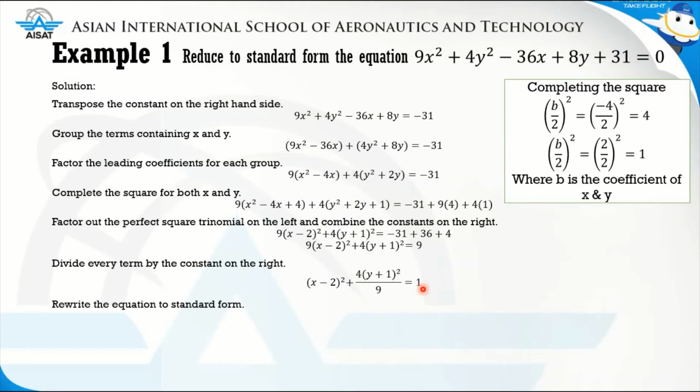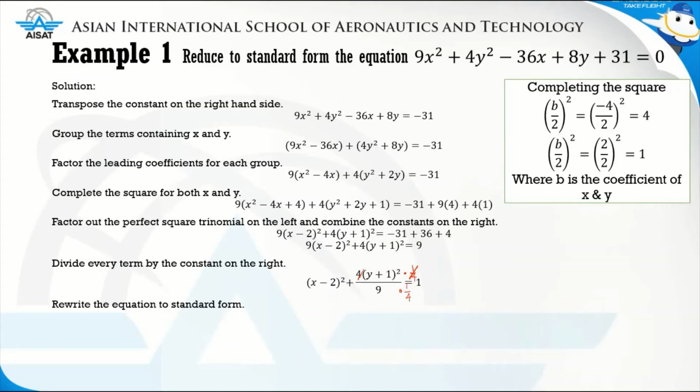The last step is to rewrite the equation to standard form. Now, remember that we don't want any constant before our y plus 1 quantity squared. So, what we are going to do is we will multiply the numerator and denominator by 1/4. So, multiplying both the numerator and denominator by 1/4, 4 times 1/4 is equal to 1, so this will just cancel out, and 9 times 1/4 gives you 9 over 4.